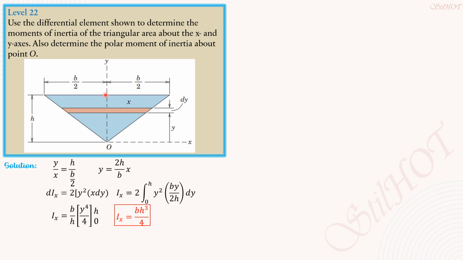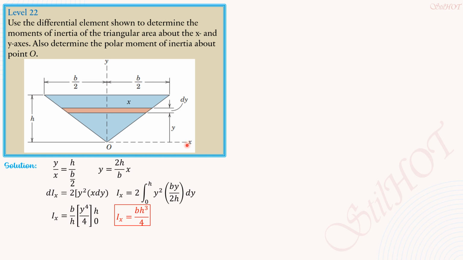Another way is, the moment of inertia of this rectangular region is 2 times the moment of inertia of this rectangle, minus the moment of inertia of this triangle, with respect to the base or with respect to the x-axis.